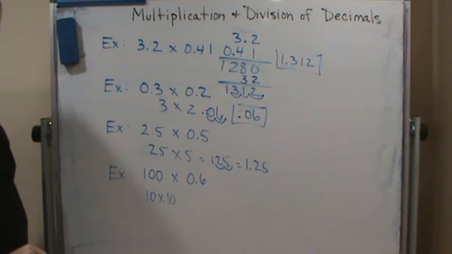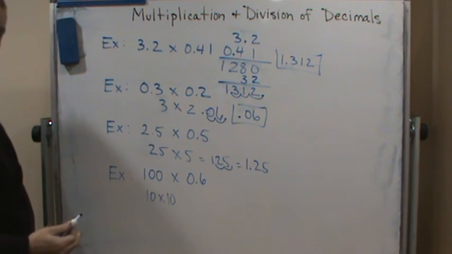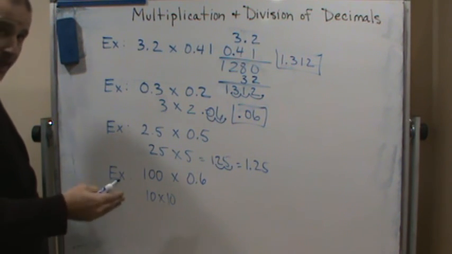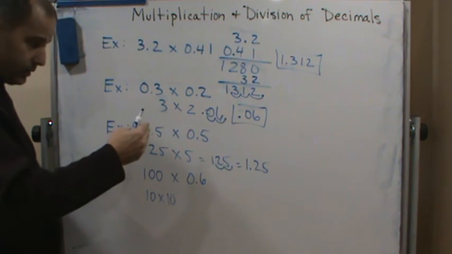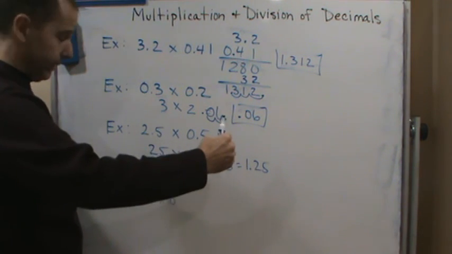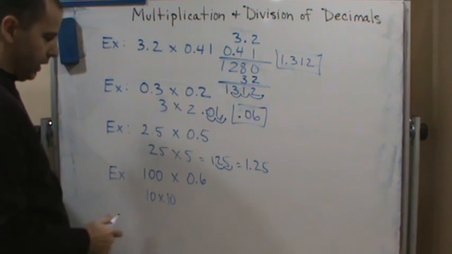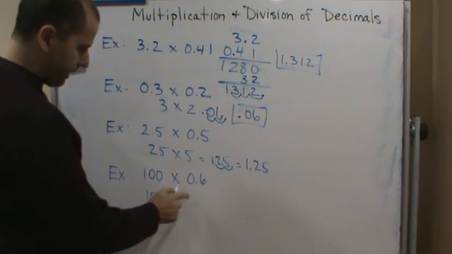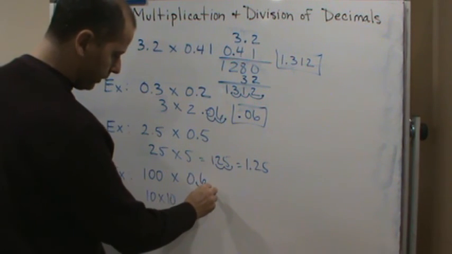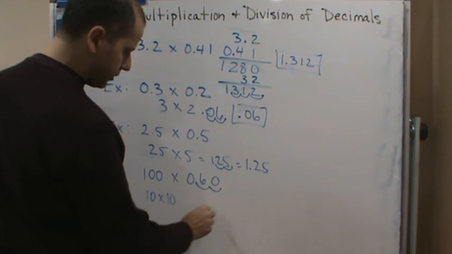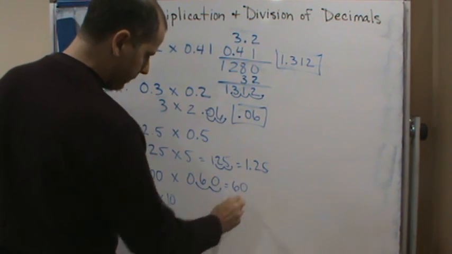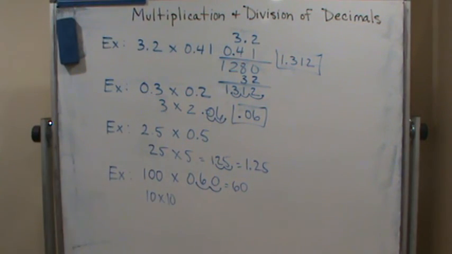Because 10 times 10 is 100. And every time you multiply by 10, it moves the decimal point to the right, one place value. So if I multiply by 100, that means I'm going to move this over 1, 2, and so the answer is 60. So 100 times 0.6 is 60.